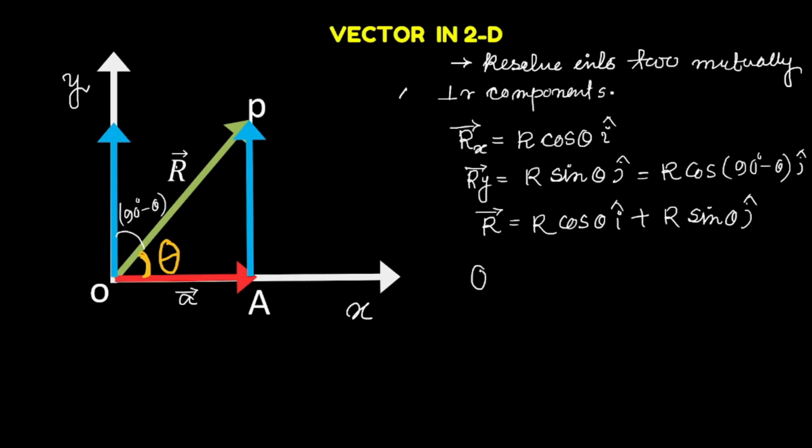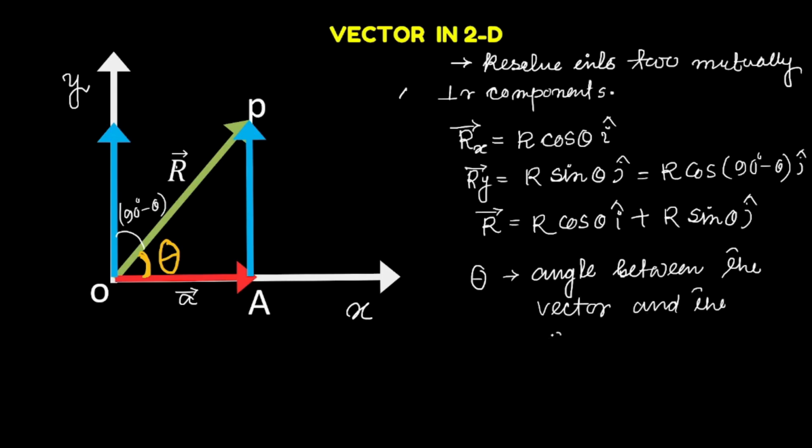That means this theta is the angle between the vector and the direction in which we need the component.